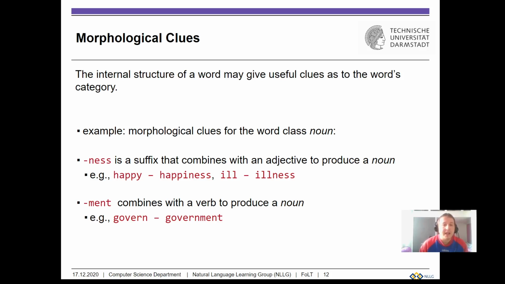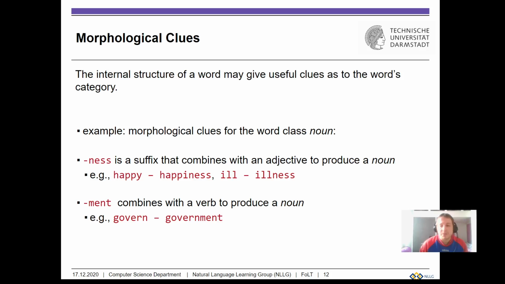For example, in English, let's consider the word class of nouns. There are certain very typical endings of nouns, such as ness or ment, which mark nouns. For example, you have the words happiness and illness, and those are nouns. You have the words government and announcement, and those are also nouns.